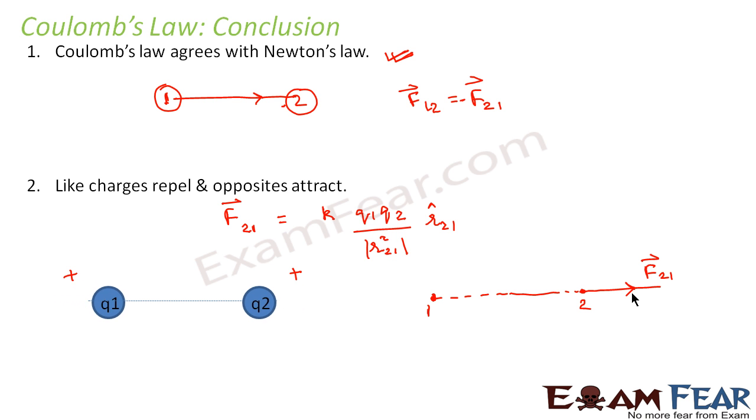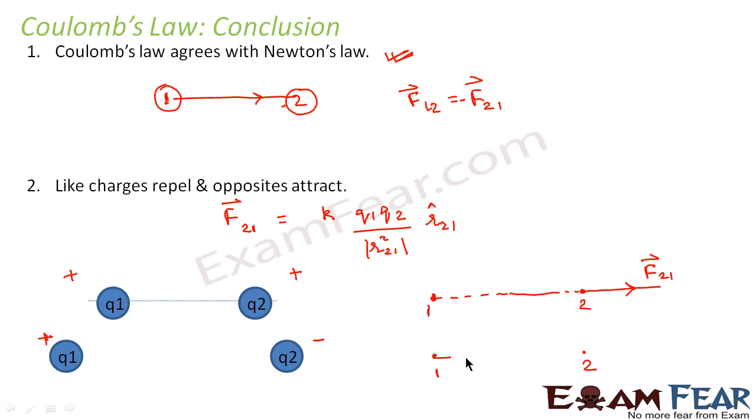Similarly, let us suppose we have two charges Q1 and Q2 which have opposite charges. Let's say one is positive and the other one is negative. In this scenario, this is my Q1, this is my 2. So they are of opposite nature. What will be the force on 2 due to 1?